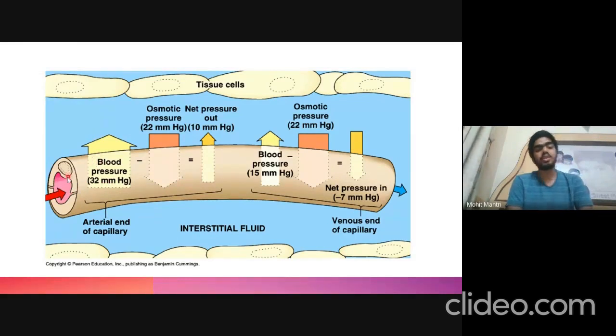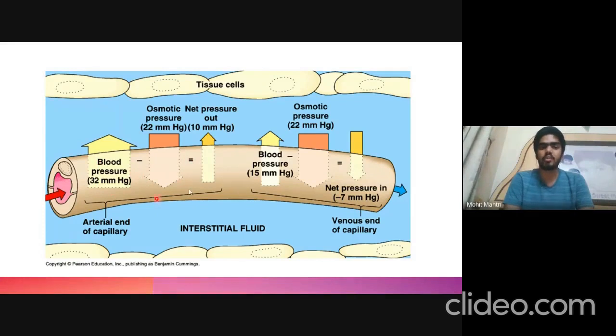But if the fluid keeps on flowing outside, and since the larger globular proteins such as globulin and albumin will not be able to move out of the capillary, the concentration of solutes such as these proteins will increase, and this will cause osmotic pressure.